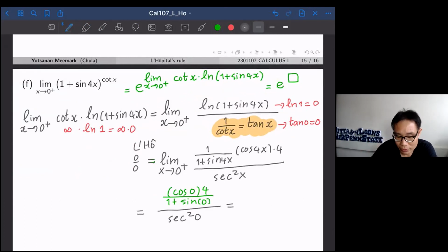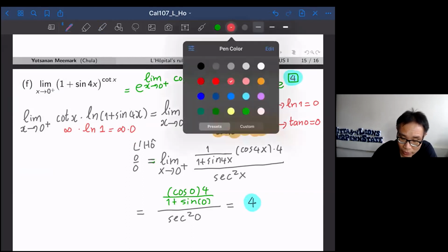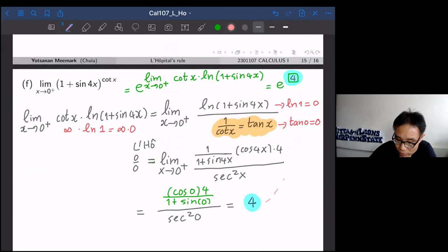So you get 4. The limit turned out to be equal to 4, and this will be your exponent. So it's going to be e to the fourth for your final answer here.